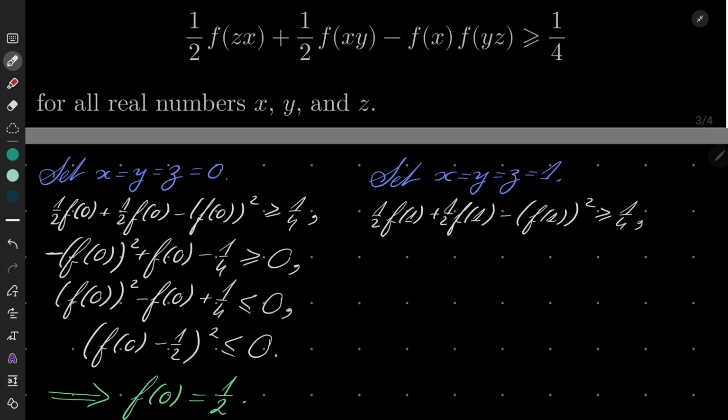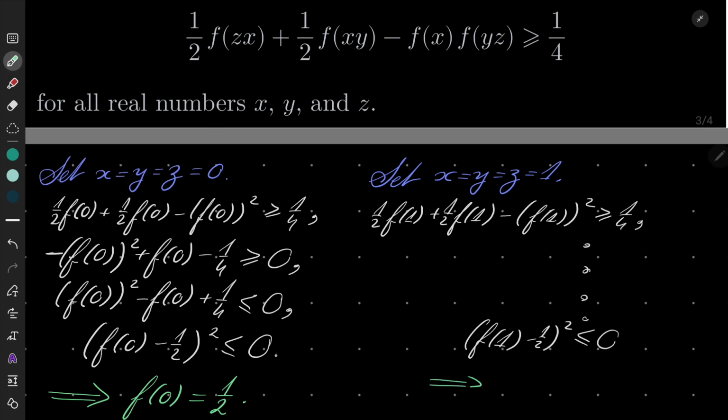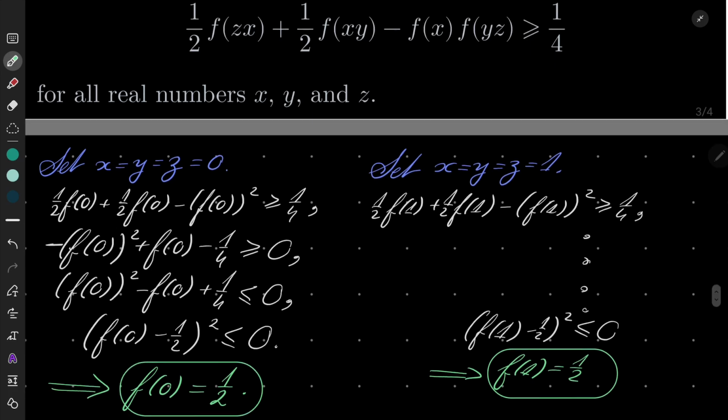And you should convince yourself that after very similar steps, (f(1) - 1/2) squared is less than or equal to 0, which again implies that f(1) must be equal to 1/2. Okay, so now we know something about our function.